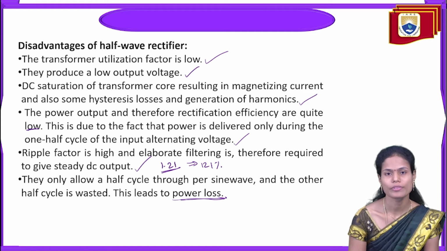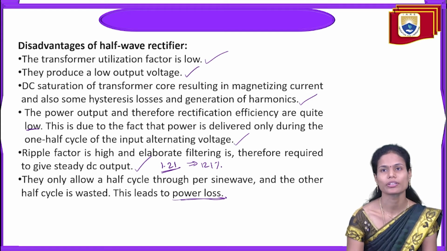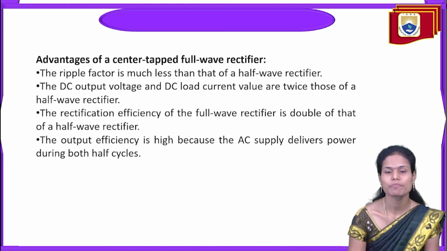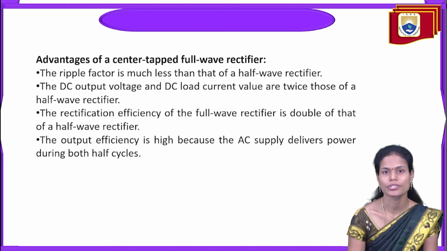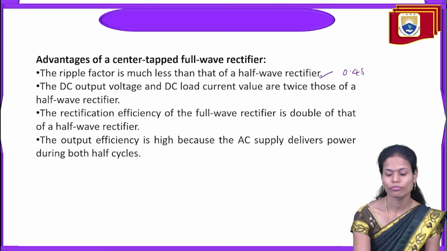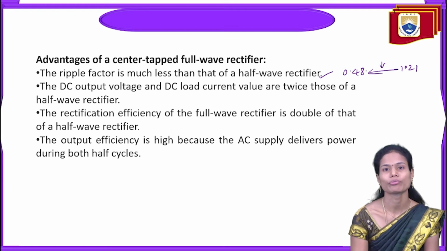In order to overcome these disadvantages, we move to the full wave rectifier. In the full wave rectifier, we have two types: center tapped full wave rectifier and bridge rectifier. In this case, the ripple factor is much less than that of the half wave rectifier. Here it is almost 0.48 only. So from 1.21, it is reduced to 0.48 here.